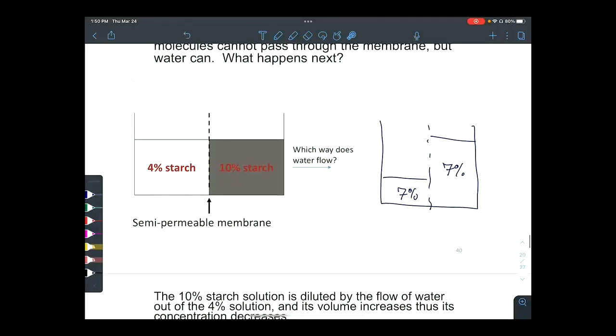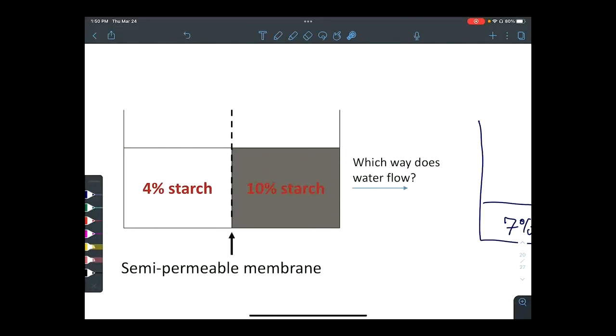So which side has more osmotic pressure? The 10%, because it's more concentrated. If we opened up this semi-permeable membrane, which way would water go? It would go this way, right? And the water level would go up on that side.